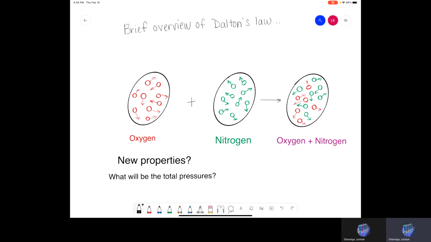So the whole point of Dalton's law, and I'm going to simplify the definitions: all of the gases that are in a mixture, if you add them all together, will equal the total pressure. When you see P1, P2, P3, we'll probably never go past P3, but if there are three gases in the system, one gas will be P1, the other P2, the other P3.